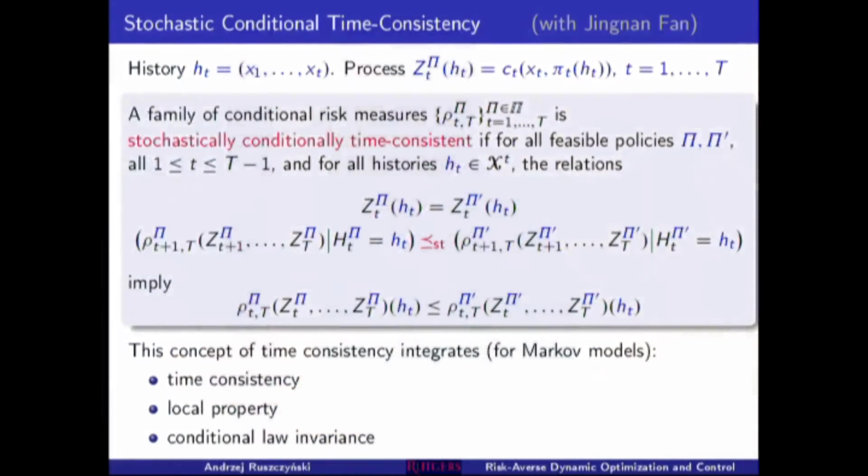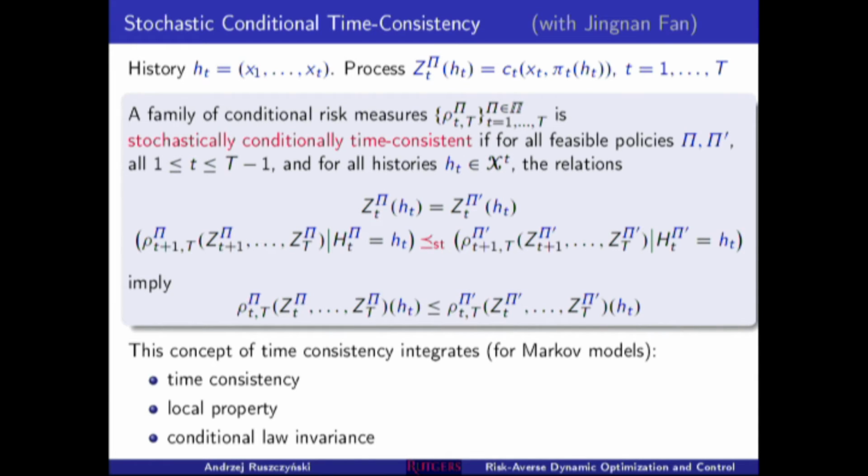Okay, so then for this kind of problems, we can refine the concept of time consistency and integrate it with the local property and actually conditional law invariance, in one shot, okay? So let's say we have a history of the state, we have a process of costs depending on the policy, and of course, if we know the history, we know the value of Z, okay? And we say that these risk measures are stochastically, conditionally time consistent if they have the following property.